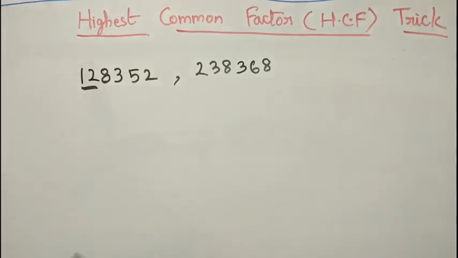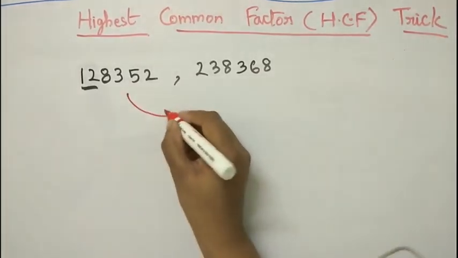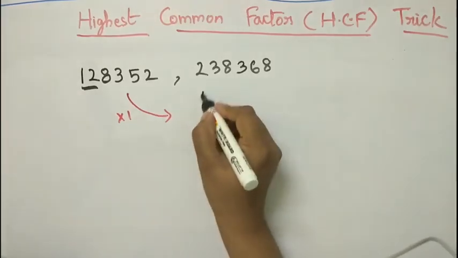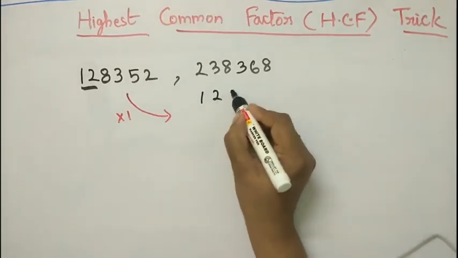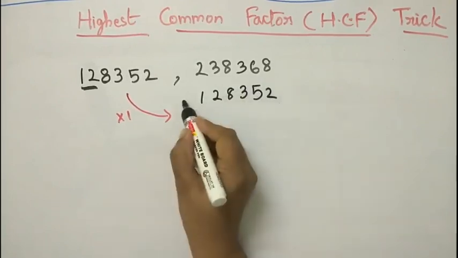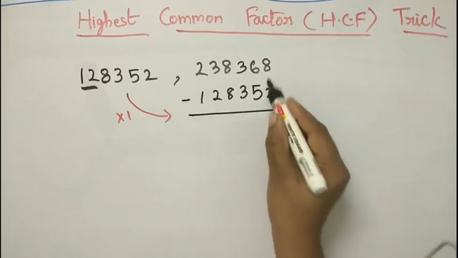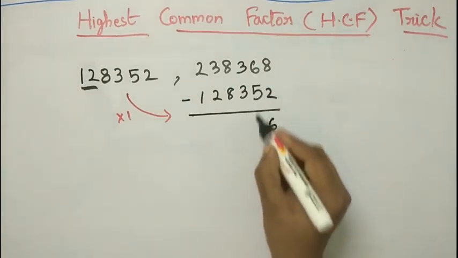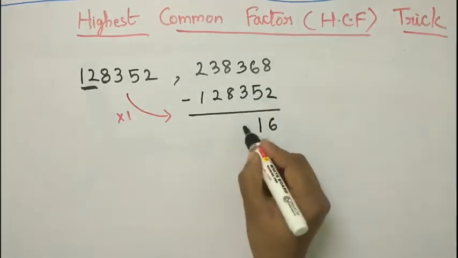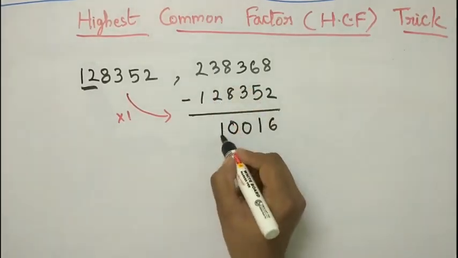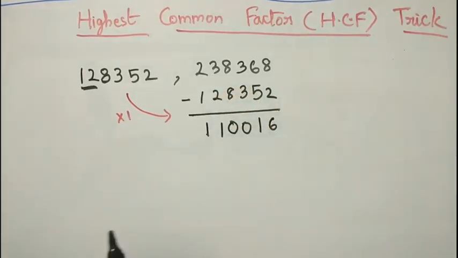So I will just multiply this whole number with 1 into 1, and I will write the value here, 1, 2, 8, 3, 5, 2, and I will subtract. The value here will be 8 minus 2 is 6, 6 minus 5 is 1, 3 minus 3 is 0, 8 minus 8 is 0, 3 minus 2 is 1, 2 minus 1 is 1.